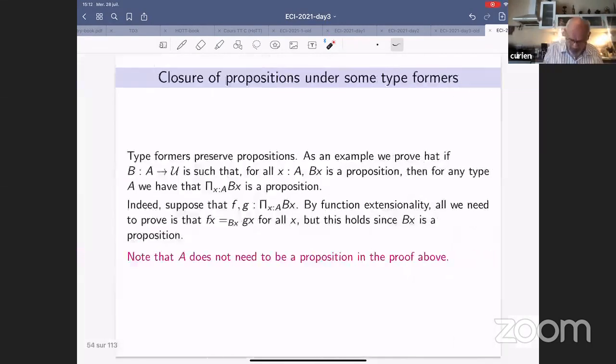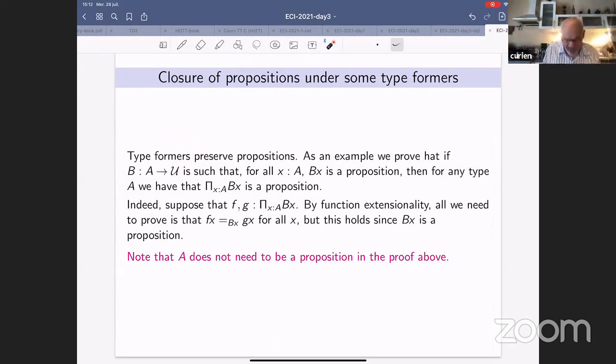So I will go briefly, without giving the detail, through what I want to prove, so that I have enough time to introduce you to this notion of h-level before the break. So I'm listing things that I want to prove. First thing, I want to prove that all the type formers that we have seen, sigma types, pi types, plus, product, preserve propositions.